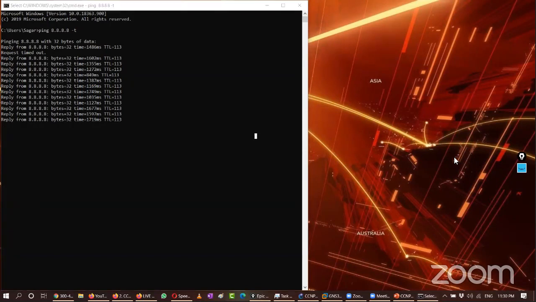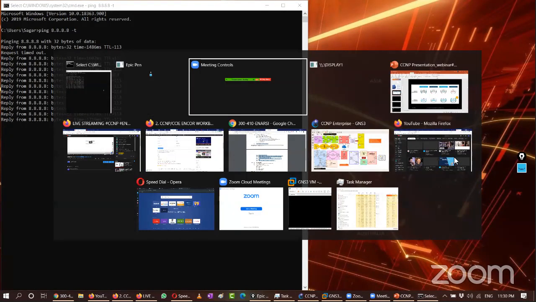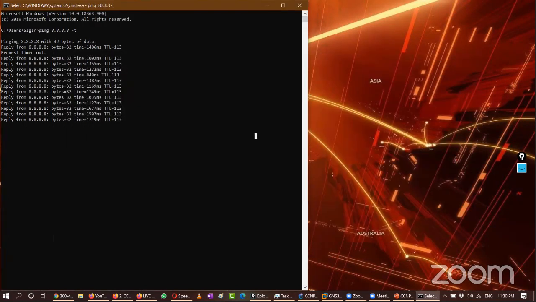Okay, so let me tell you what happens. You guys are aware of the OSI layer, how the OSI layer works? Are you guys good with the OSI layer?